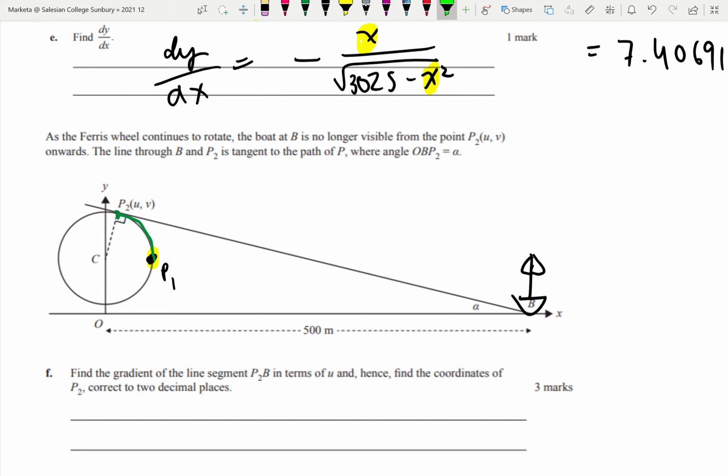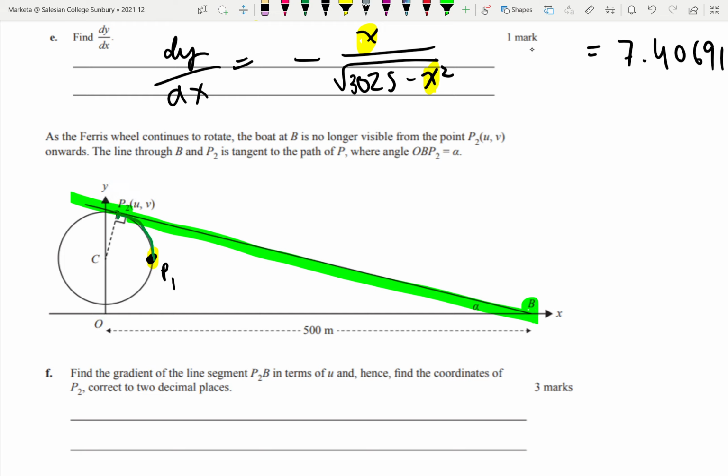The line through B and P2, so that's this line here, is a tangent to the path of P, where angle OBP2 equals alpha. Okay, OBP2, so this angle here is alpha. It's just pretty much just exactly what they're saying.